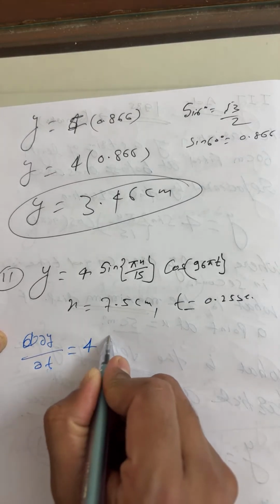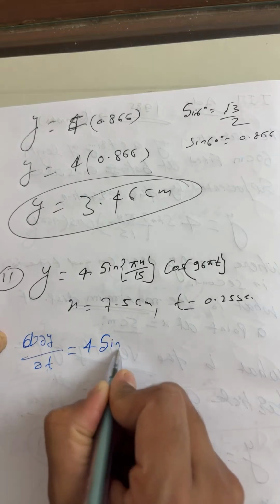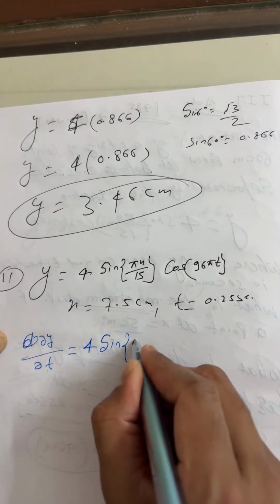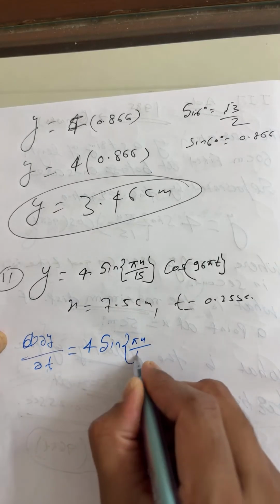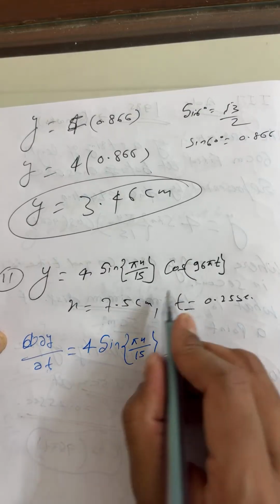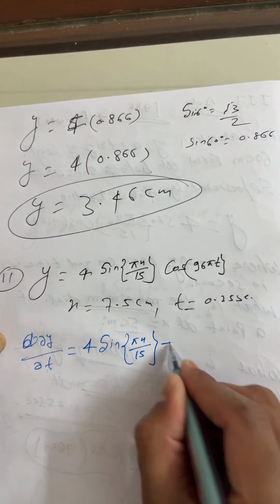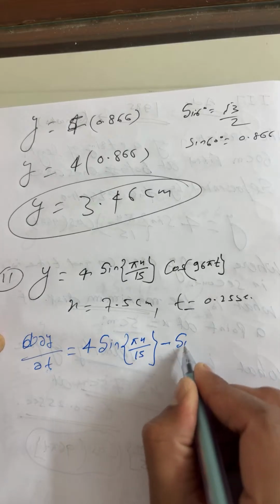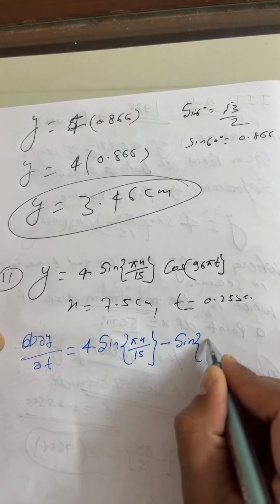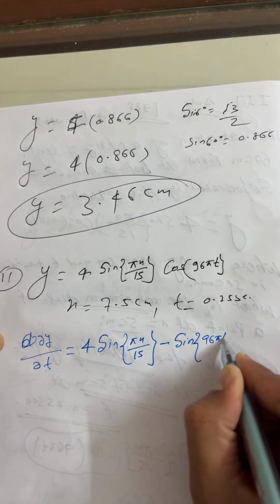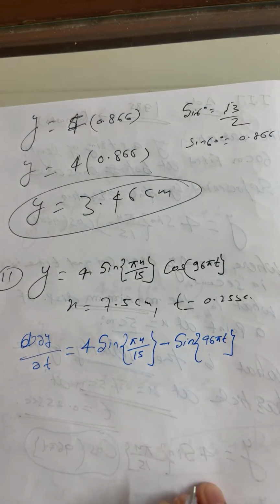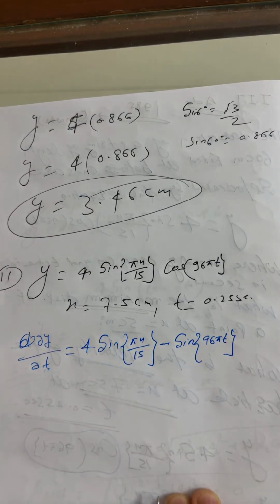This is 4 sine of pi x by 15 and cos, what? Minus sine of 96 pi t.